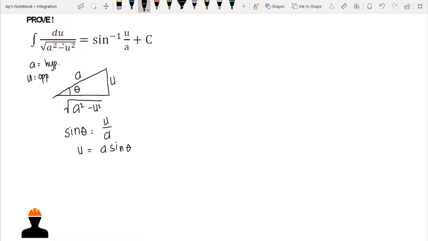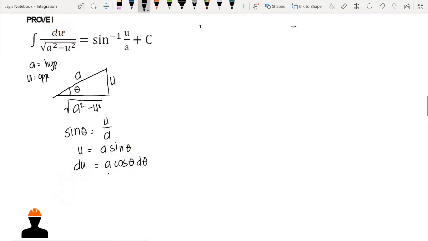Now take note, since we have du here, we need to differentiate this so that we could have our du, that is a cosine of theta d theta. Again, our a here is constant, so we just copy it. Then the derivative of sine theta is cosine theta d theta. So we can now use this to substitute in our integrand.